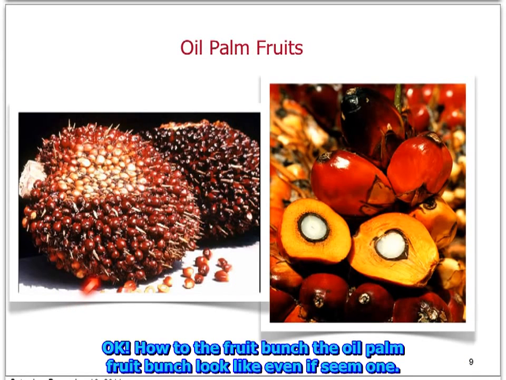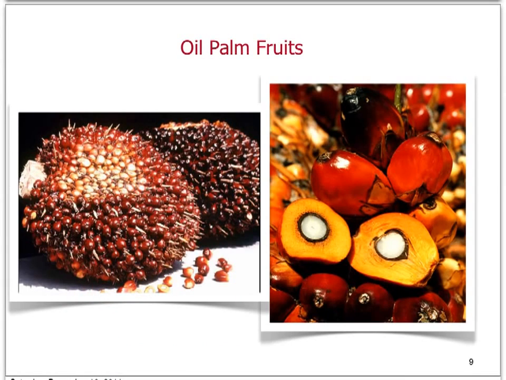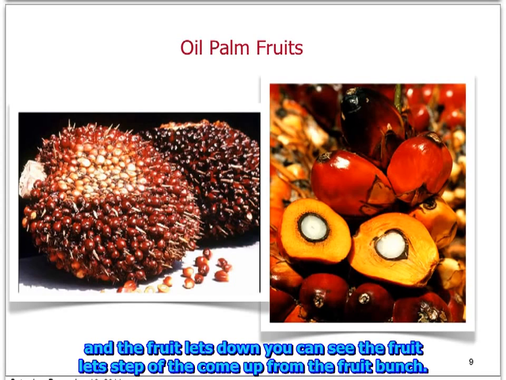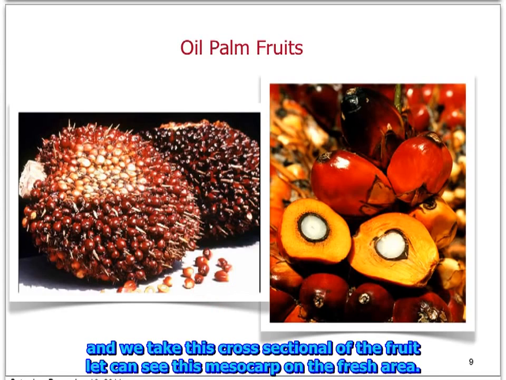Okay, this is how the oil palm fruit bunch looks like if you have not seen one. You can see there's a sharp thorn there, and these are the fruitlets. Down here you can see the fruitlets been stripped out from the fruit bunch. If we take a cross section of the fruitlets, you can see the mesocarp or the flesh area.